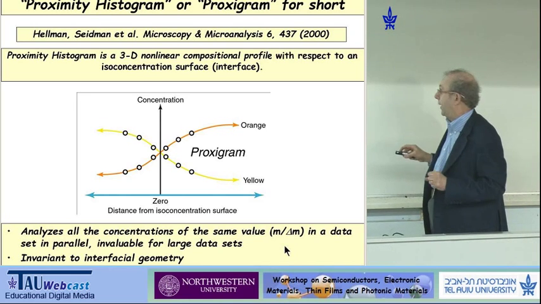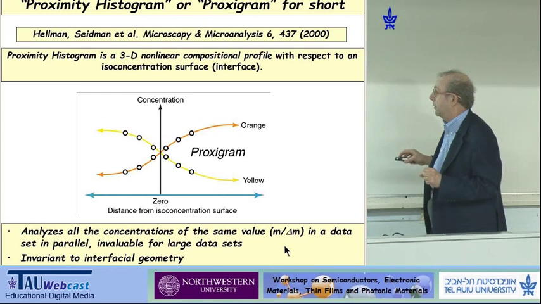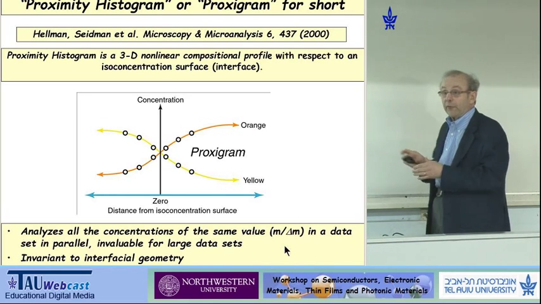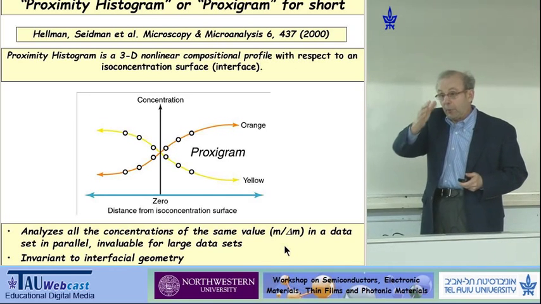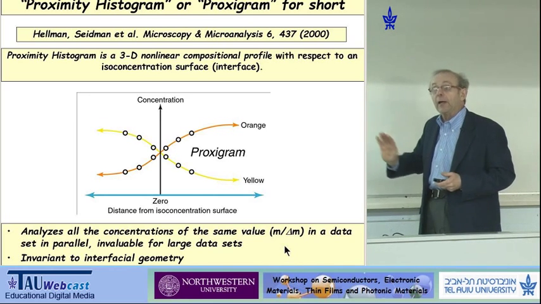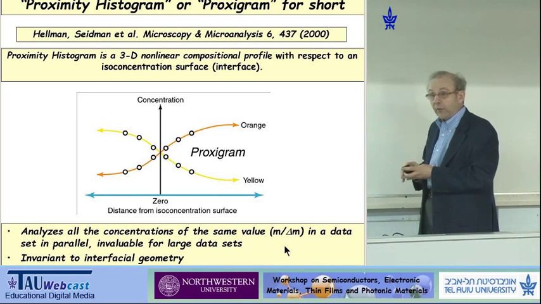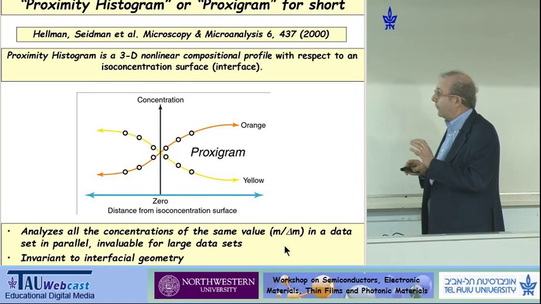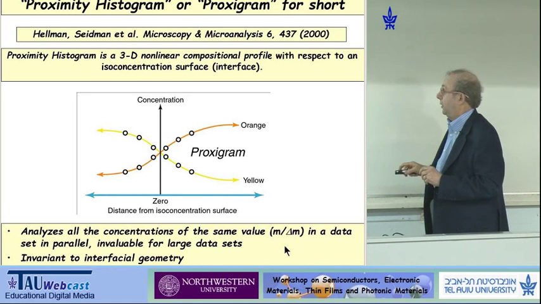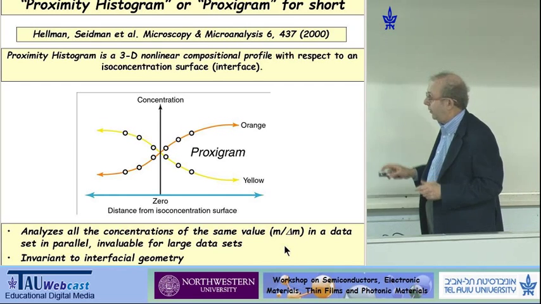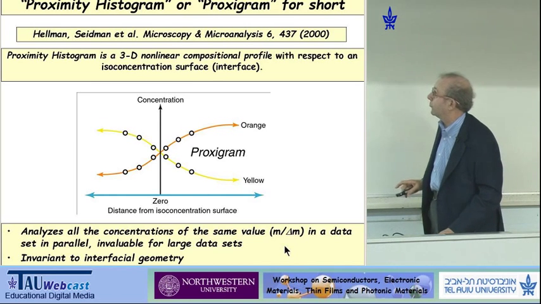The other point about it, it's independent of the convexity of the surface. So you could have a surface that is both concave and convex, and you can use this approach. And it works very nicely for giving you average concentrations. And so over here, I simply say it's invariant to the interfacial geometry.